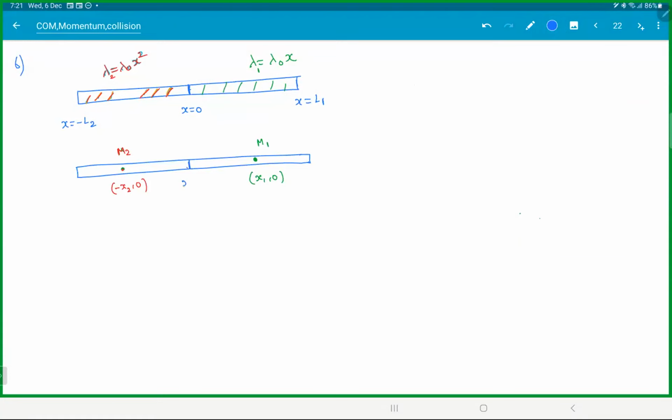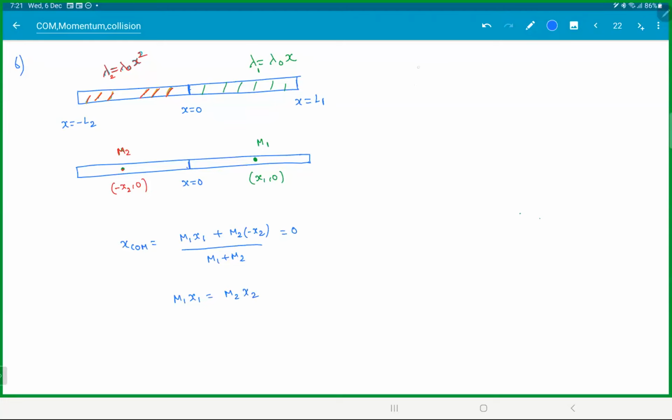And you're saying the center of mass of these two, that is m1 x1 minus m2 x2 by m1 plus m2, should be 0. Agreed? So indirectly you're getting m1 x1 is equal to m2 x2.